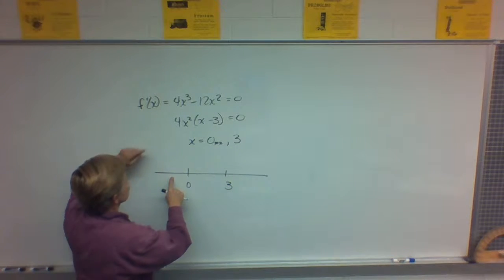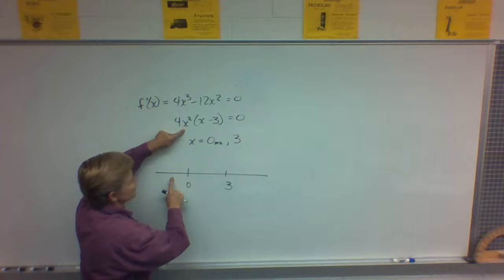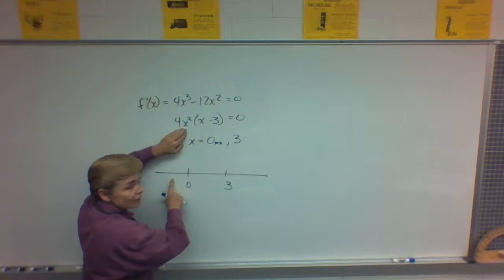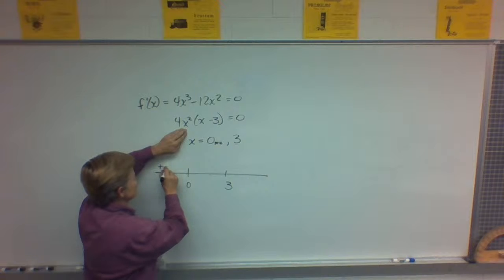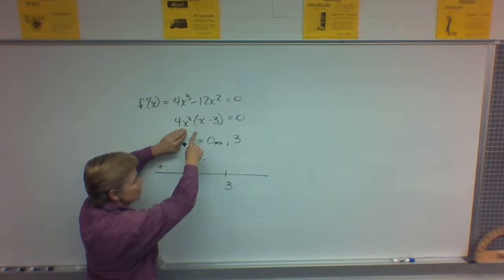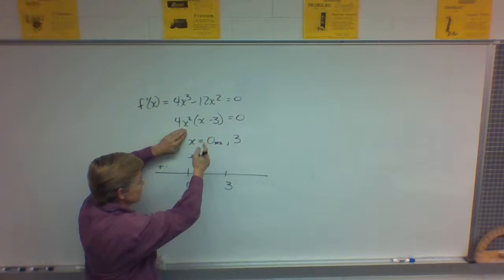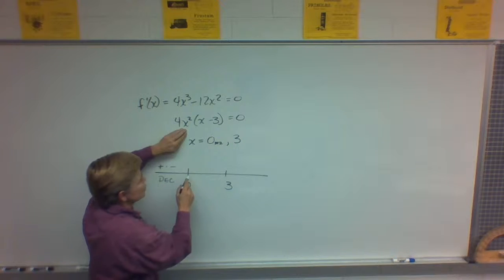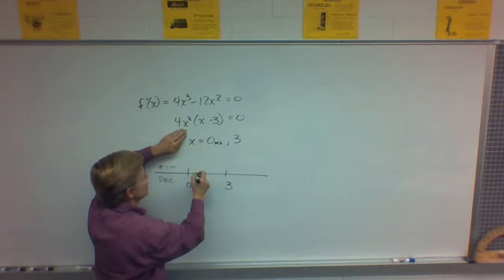To the left of 0, is the derivative positive or negative? Let me tell you a quick way to do this. This term will always be positive no matter what, so it's a positive times something. To the left of 0, 0 minus 3 is negative, so the derivative is negative, which means decreasing. Between 0 and 3, consider a 1. This will be positive all the time.